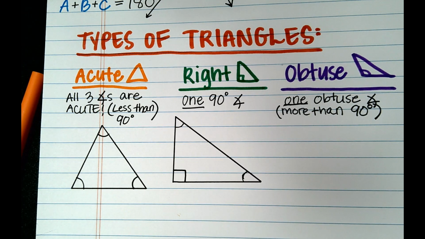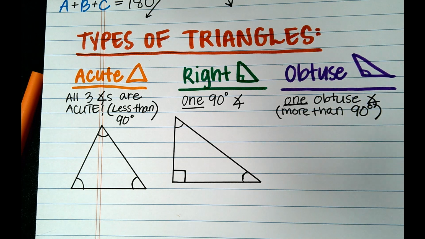Can a triangle have more than one obtuse angle? No, it cannot. Does anybody know why? That's bigger than 90 degrees. If I have two angles bigger than 90 degrees, I have more than 180 degrees. I am past the limits of a triangle.